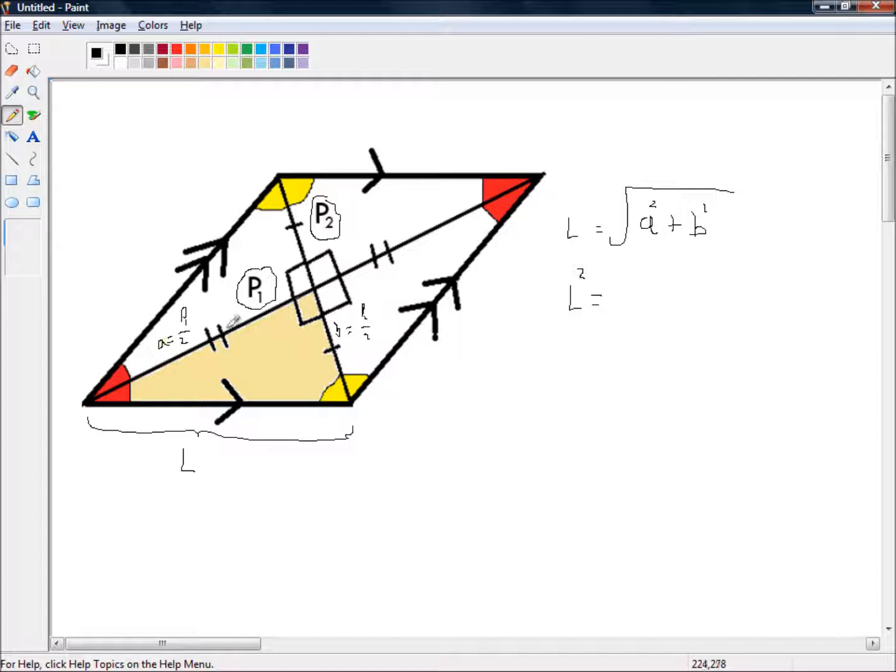Well, a is just P1 over 2, so that's P1 over 2 all squared, plus b squared, which is P2 over 2 all squared.